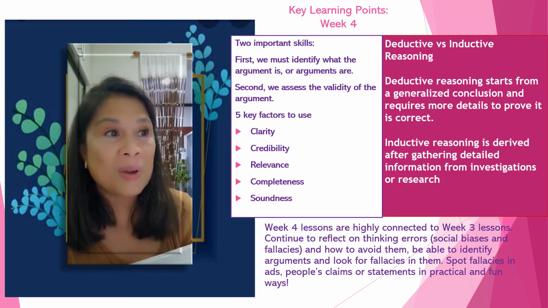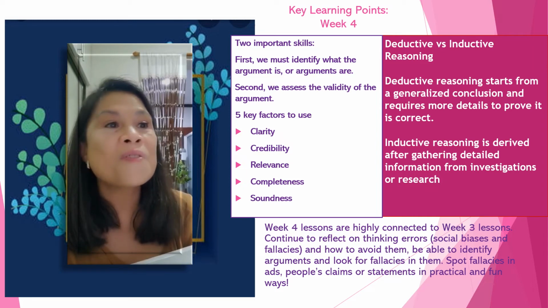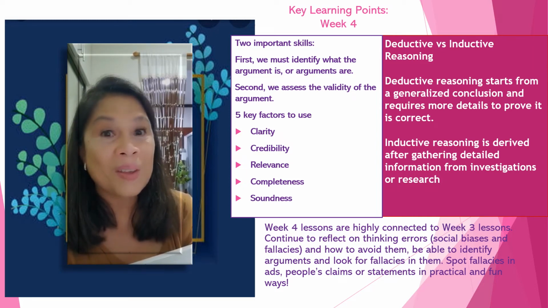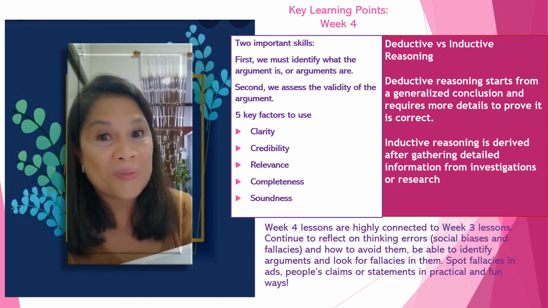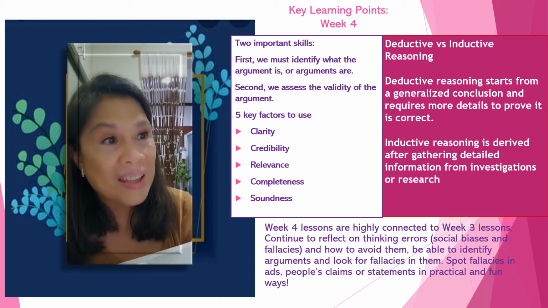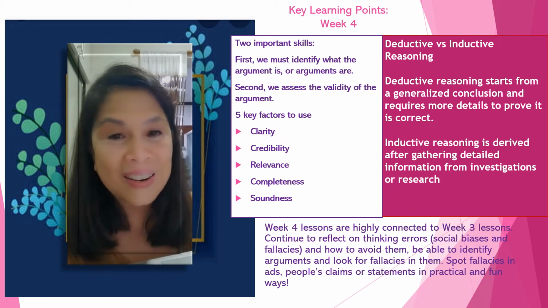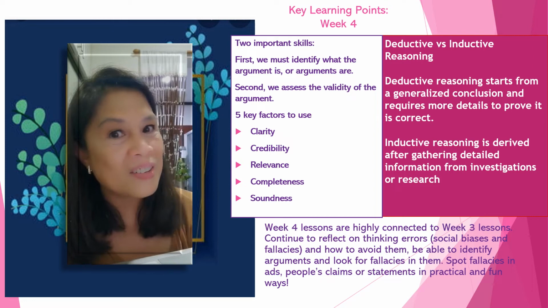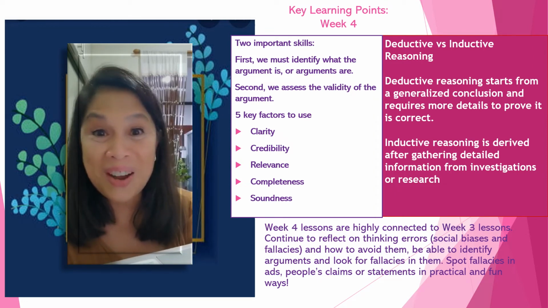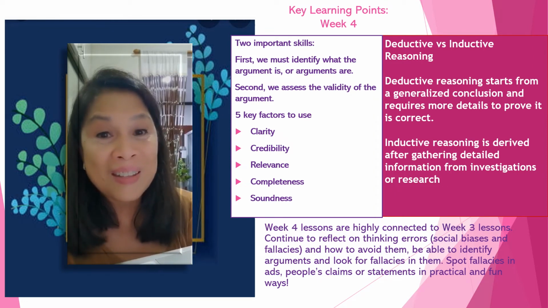Inductive reasoning, however, is derived from gathered detailed information. Information gathered from investigations or research. If you're watching Sherlock Holmes, I almost forgot, but that's one of my favorite TV shows.